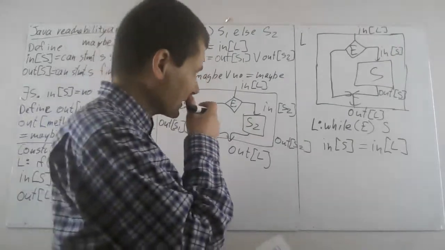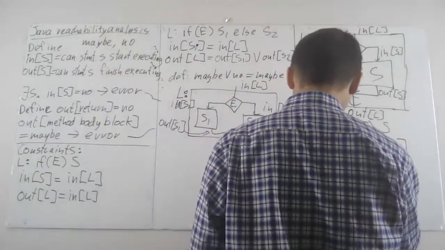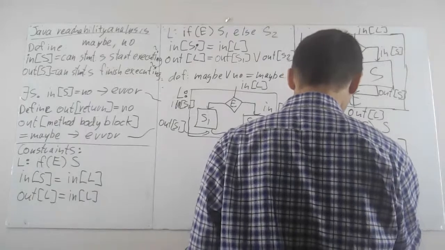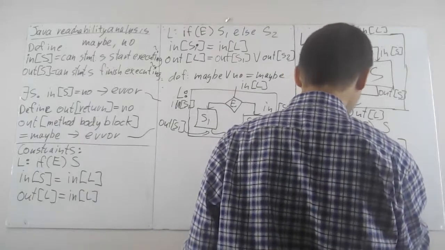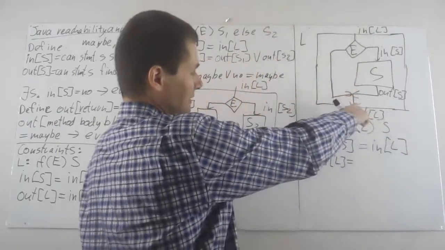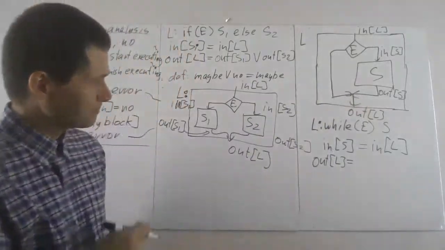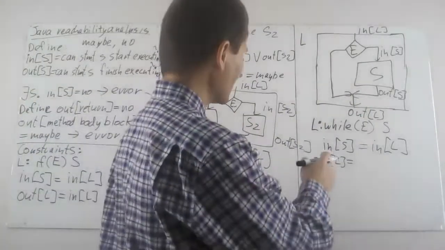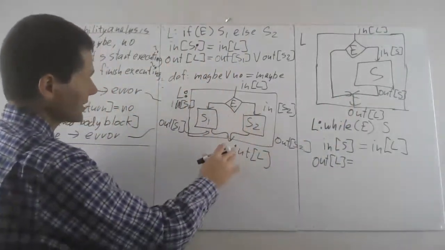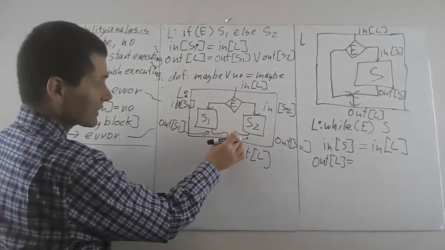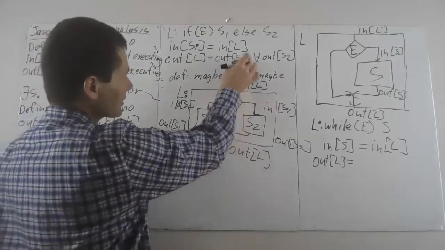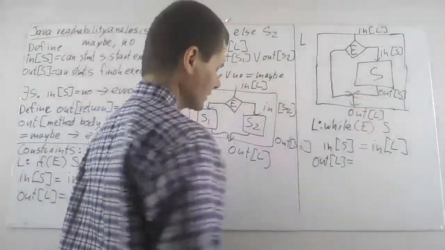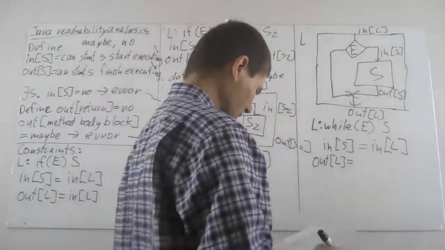Now for out of L, I need an equation for out of L. So, like in the if statement, we have control flow merging. We want to take an OR of these two control flow paths.